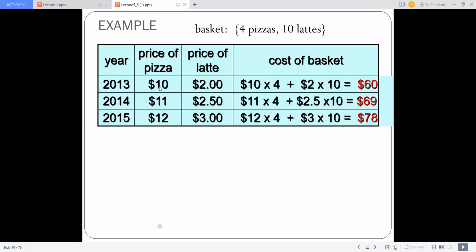The price of pizza in 2013 is $10 multiplied by the quantity here. You could see it: 10 times 4 plus $2 times 10. So you can see that our cost for 2013 was 60. As for this one, we've done it already.